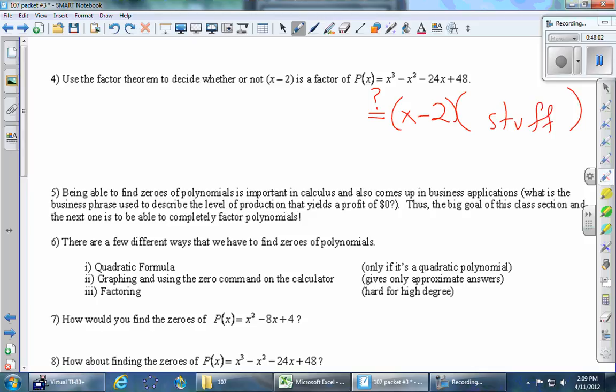That's what I'd like to know. If it is, then is x minus 2 a factor? Yes, that's what it means to be a factor. It means you have multiplication. Is that easy to know if x minus 2? Not in that form, right? We don't have any idea at the moment how to take x cubed minus x squared and break it down into factors. Eliza?